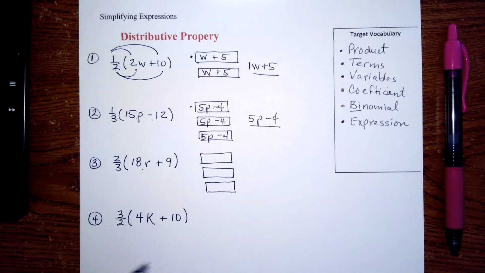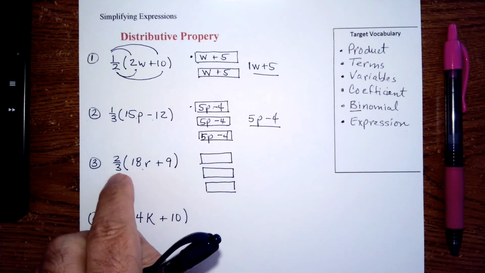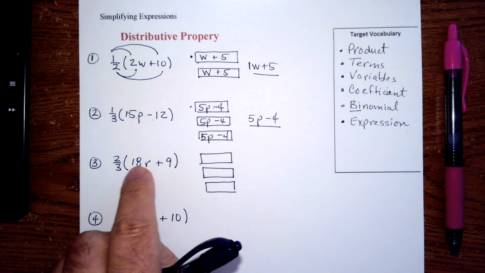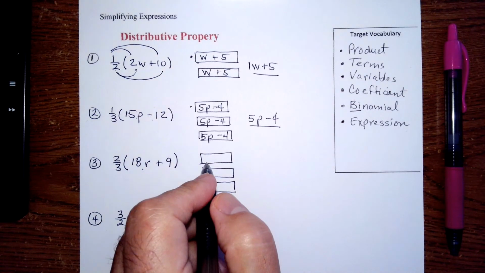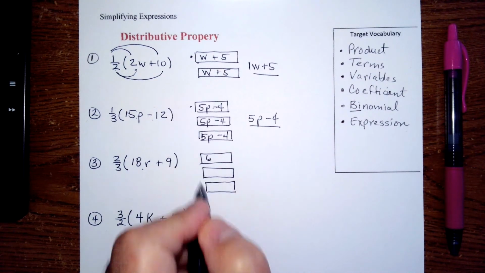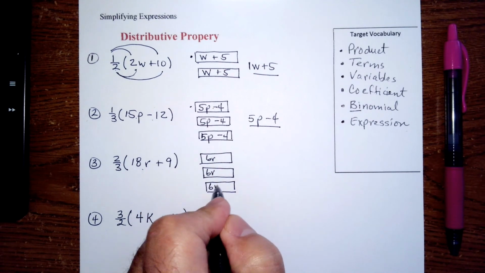You ready? And inside, I'm going to spread out this information evenly into thirds. 18 spread out into 3 pieces, 3 sections, gives me 18 divided by 3 is 6, 6, and 6.